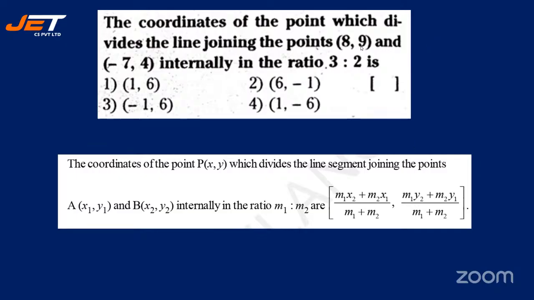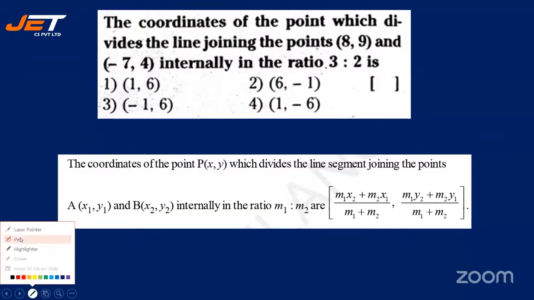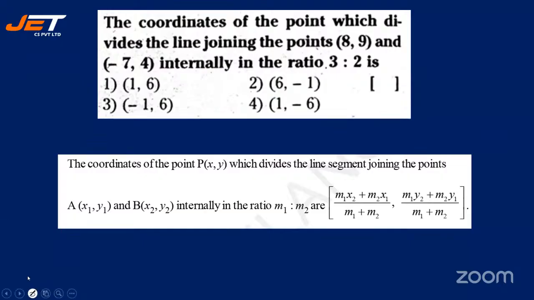The problem is there is no place for me to do this. Anyway, I will try. Now I will consider this as x1, y1, and this as x2, y2.